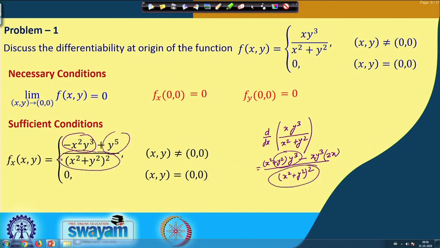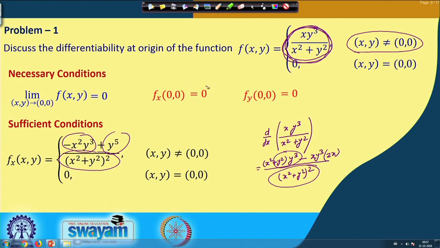So, at this non-zero point (x,y) not equal to (0,0), we can get the partial derivative with respect to x or with respect to y directly by taking the derivative of this function with respect to that variable and keeping the other variable constant, and to get this at (0,0) we have to use the fundamental definition of the differentiability, which we have just got here.